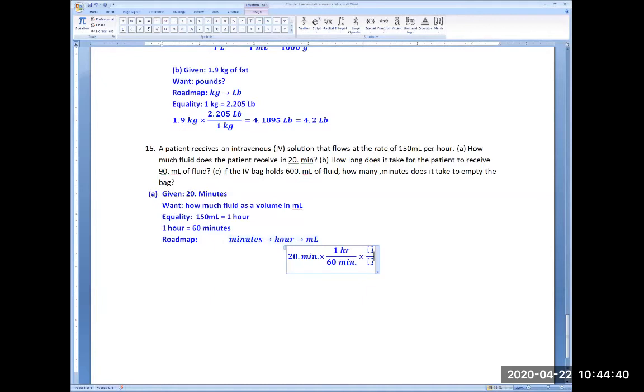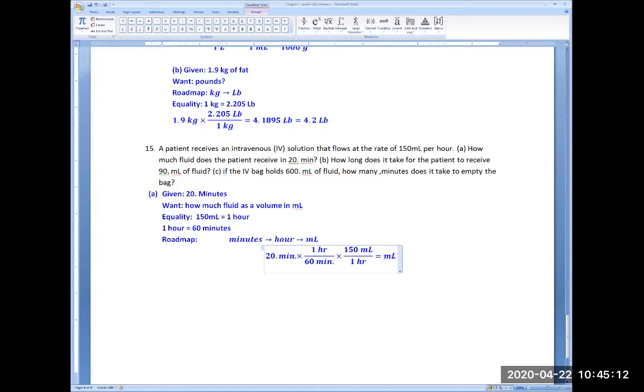And so from the equality 1 hour equals 150 milliliters, you will want to put the 1 hour on the bottom and the 150 milliliters on top. And so here you can see that minutes cancel, numerator, denominator, and hours cancel, one in the numerator and the other in the denominator. And we are left with milliliters. So we know the answer of this calculation will be milliliters.